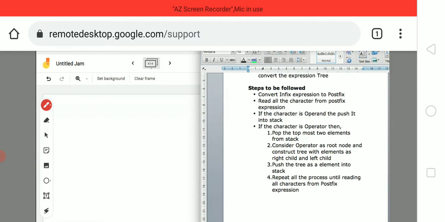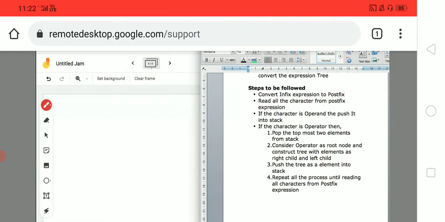If the character is operator, then we have to pop the topmost 2 elements, only 2 elements from stack. So the elements which we push into the stack we have to pop now if the character is an operator.